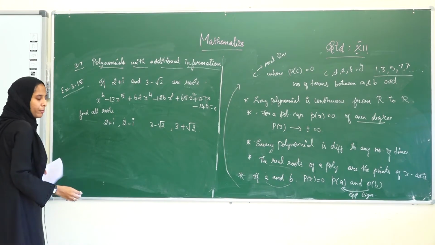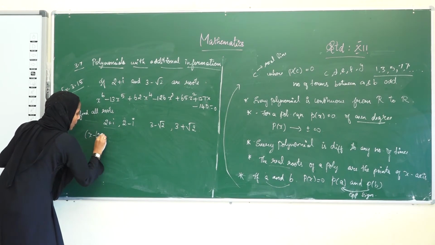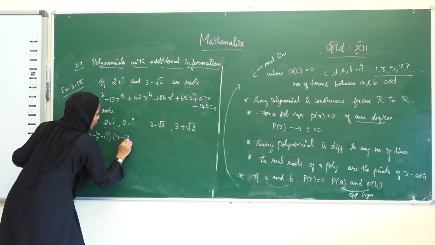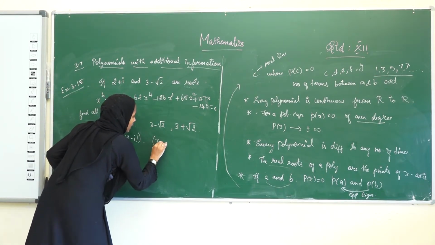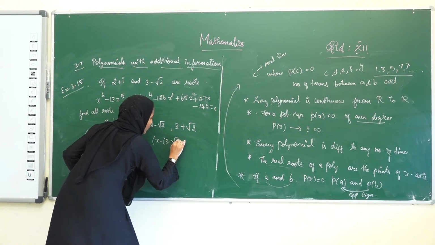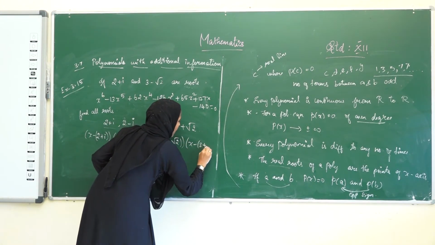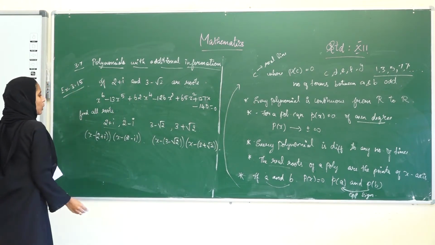From this we can find the factors: x minus 2 plus i, x minus 2 minus i, x minus 3 minus root 2, and x minus of 3 plus root 2.